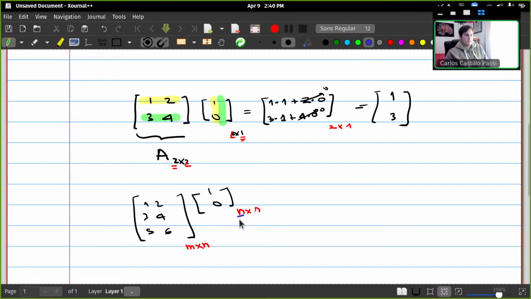For example, if the vector that you're trying to do the matrix vector multiplication with does not have the same dimension as the number of columns of the matrix, it will not work. If I try to do the matrix vector multiplication with this matrix and this vector, it would not work.